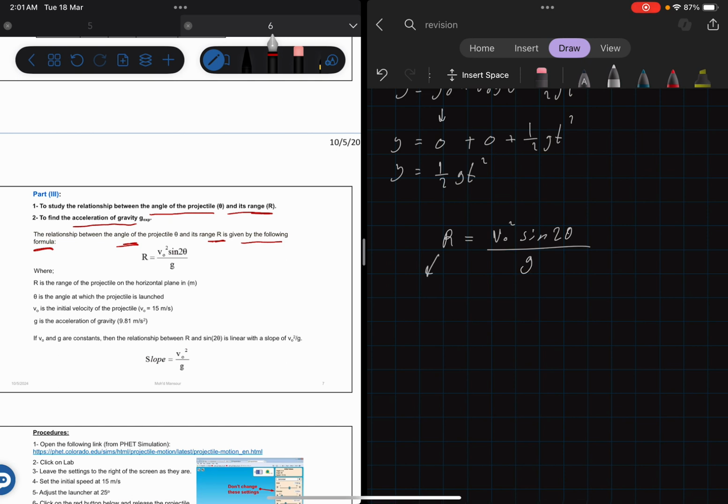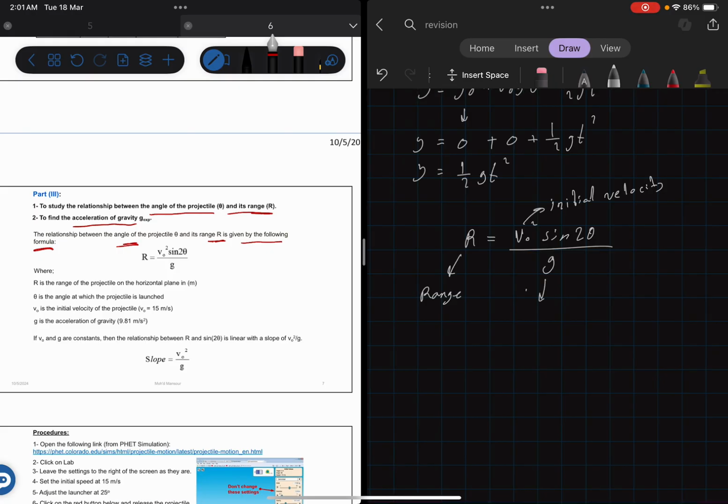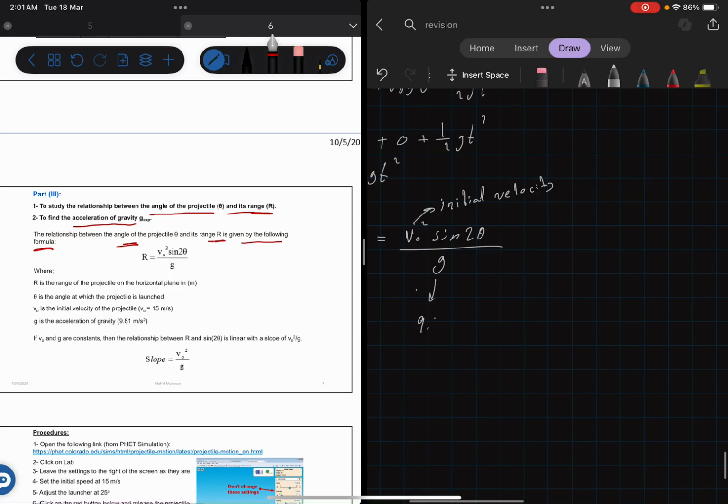R is the range, v naught is the initial velocity, theta is the angle at which the projectile is launched, and g is the acceleration of gravity, of course, which is 9.8.